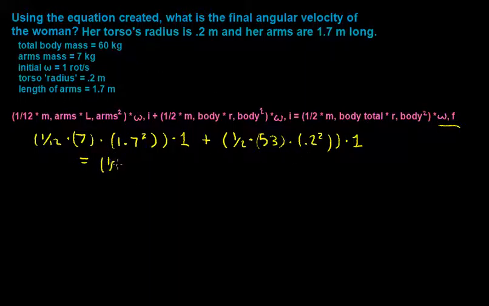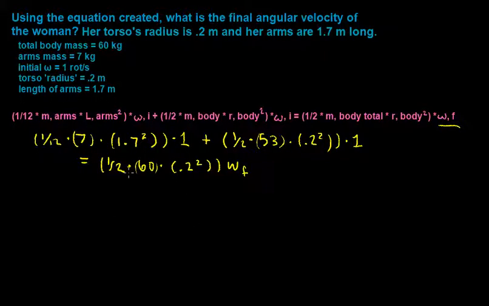So we have 1/2 times the mass of her body total, which is 60, and then times the radius of her body squared, which is once again, despite bringing her arms in, 0.2 meters all the way down, so 0.2 squared. And then what we are solving for is our final angular velocity.